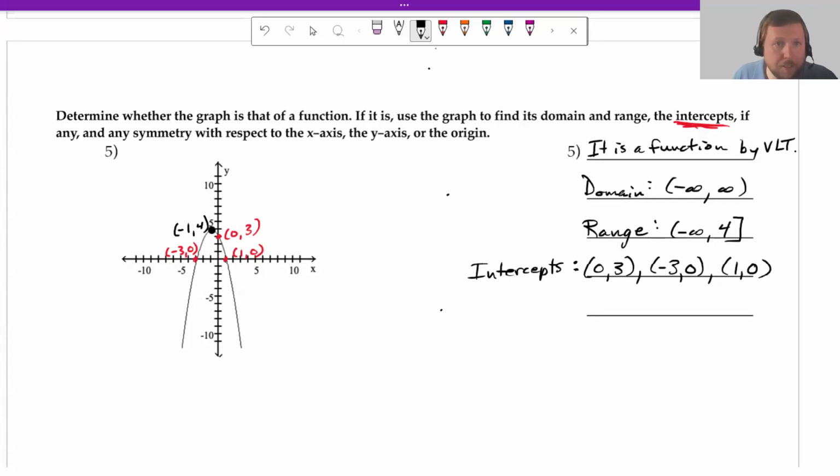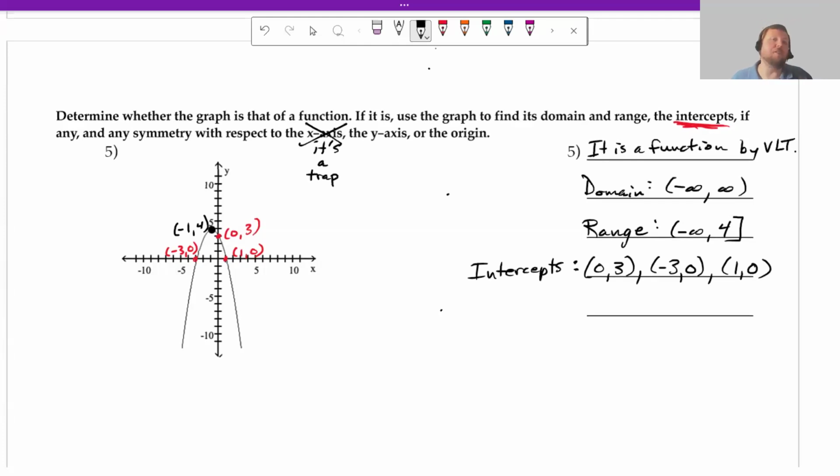Okay, any symmetry with respect to the x-axis, y-axis, and or the origin. Well, if we just moved it one to the right, we'd be good for y-axis symmetry. But since it's not symmetric with respect to the y-axis, and then x-axis symmetry is a trick. So that's a trap.